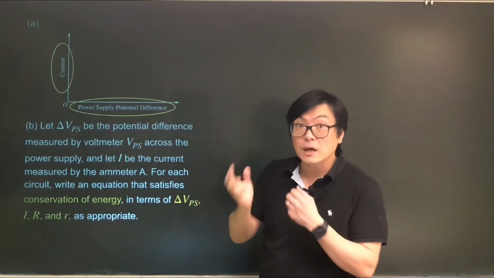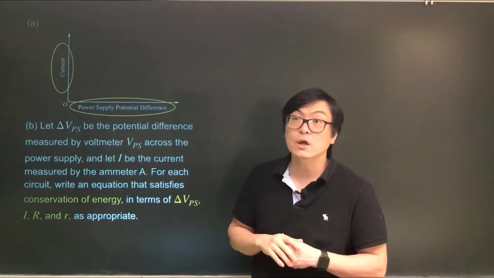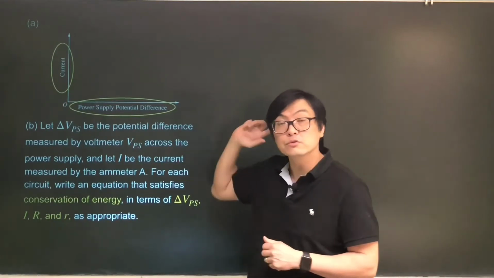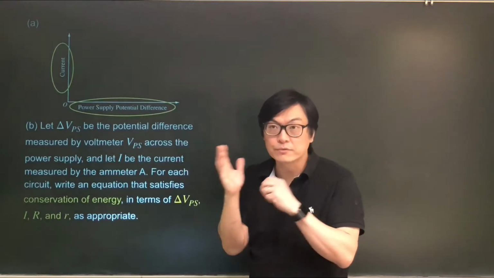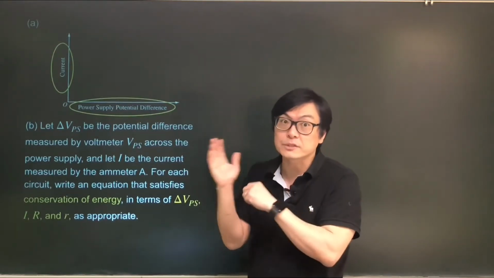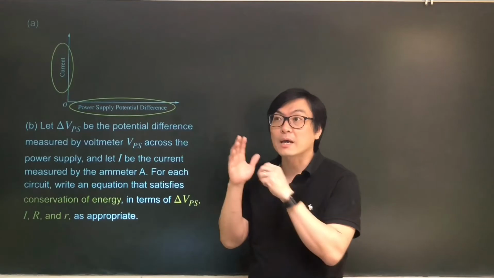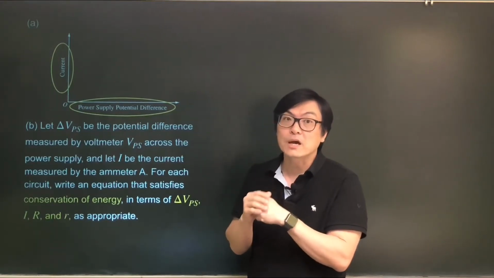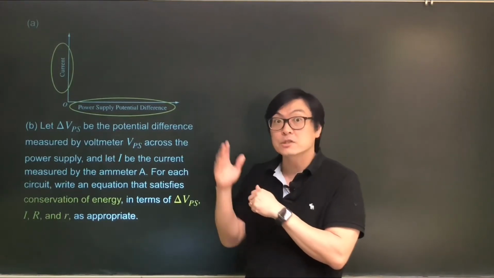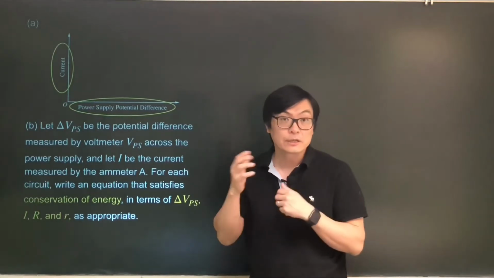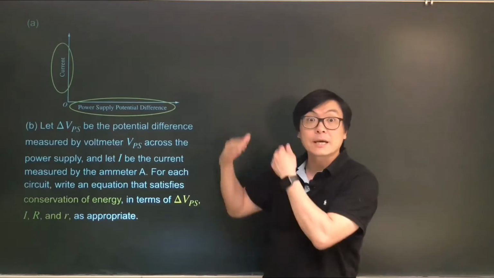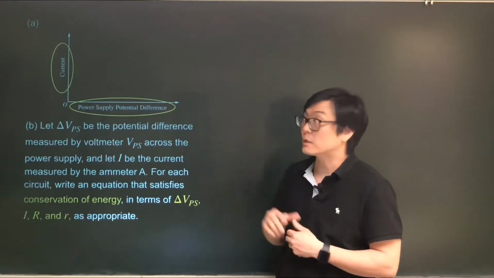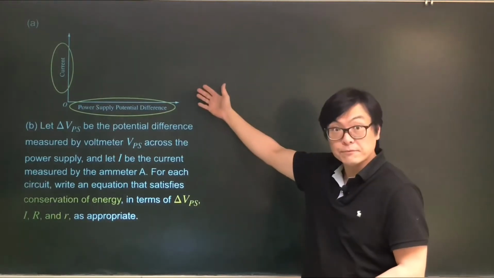If you study a lot about this kind of graph for Ohm's law, usually the graph for Ohm's law is V versus I. Ohm's law, V equals IR. So when you make a graph of V versus I, the slope will be directly proportional to the resistance value. But here we have it upside down. So you should keep that in mind. There's a little bit of difference here.